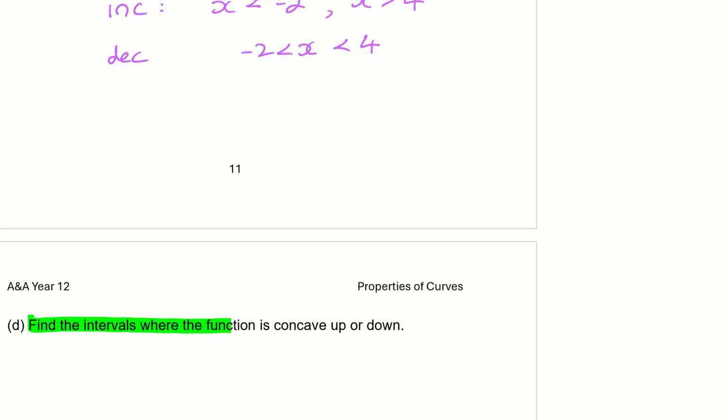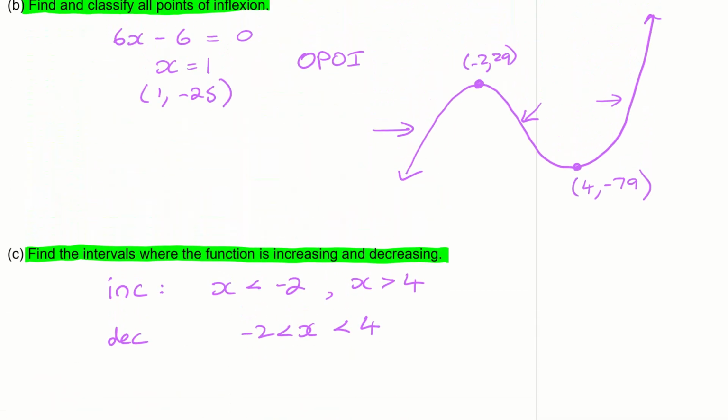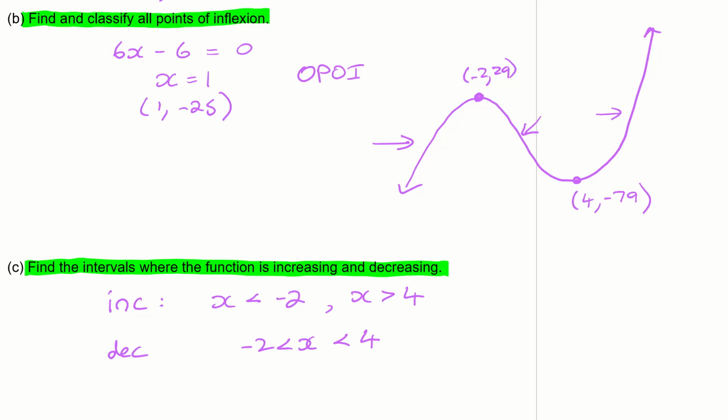Find the intervals where the function is concave up or down. Well, again, from this, we know there's a point of inflection here at 1, negative 25. And we can see that the function is concave down around here up to that point of inflection.